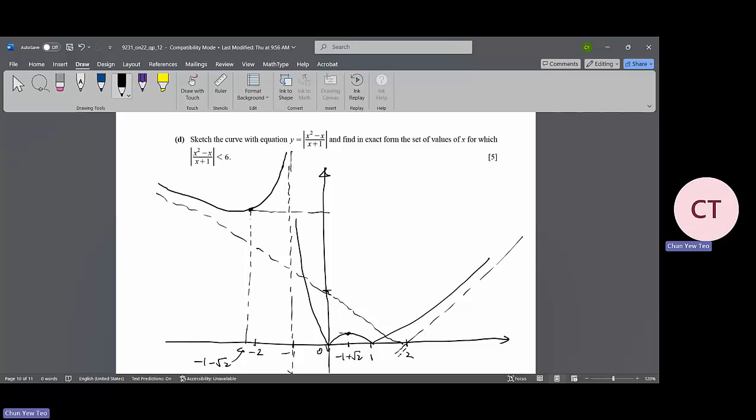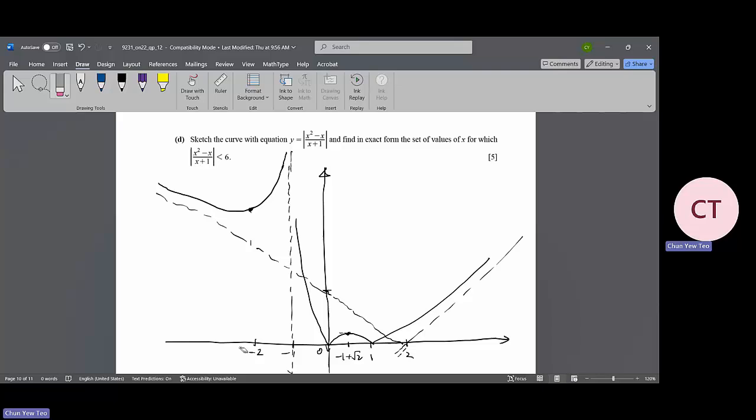This will be the modulus of -3 minus 2√2, which will be 3 plus 2√2. Okay, but I think there's no need for me to show this anymore, so I just reflect over here only.